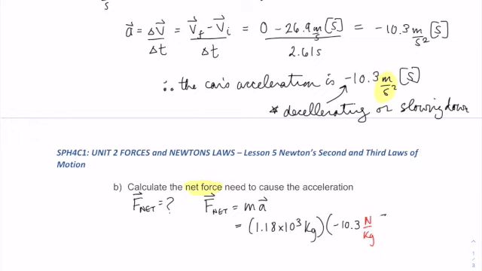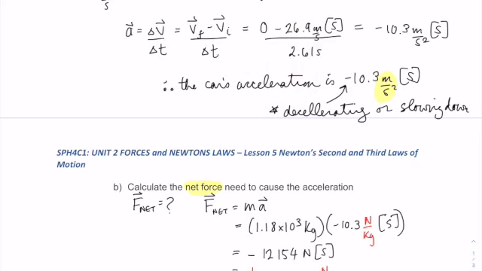We know the direction here was south. So let's punch this into our calculator. If we do, we end up with negative 12,154 newtons south.